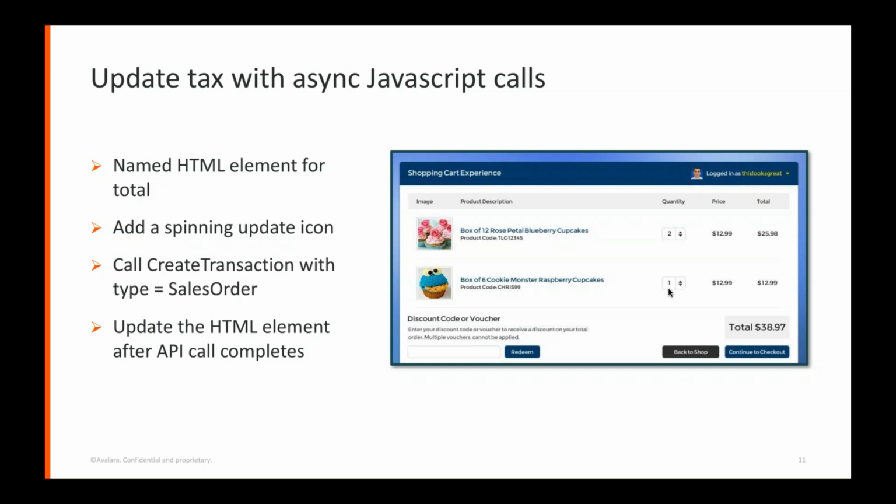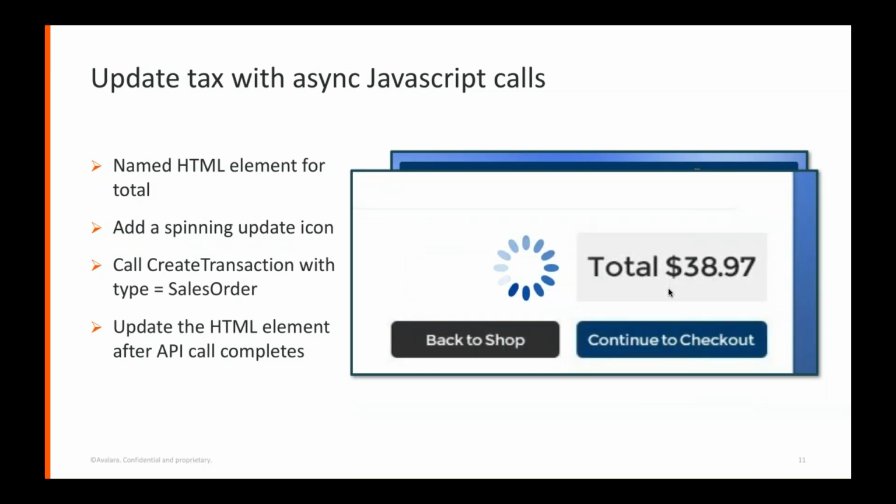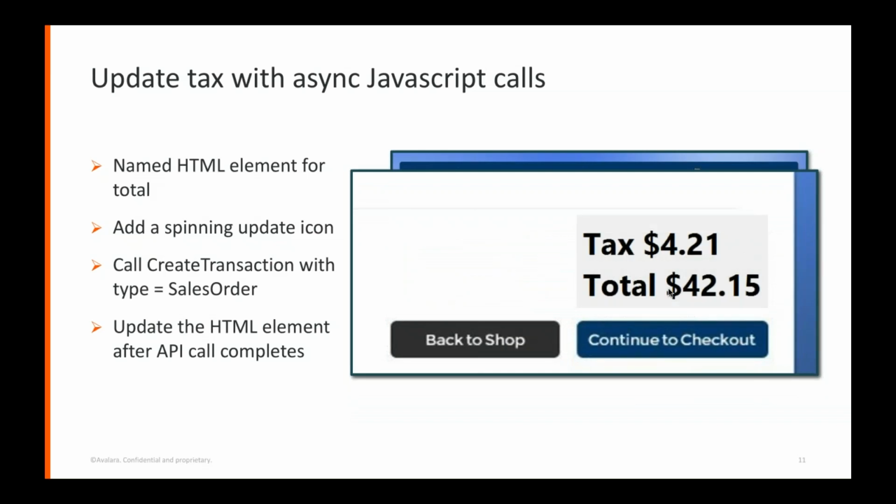So that's, from a technical perspective, a really easy thing to do to help out your user. Gotcha. So we've got a spinning progress indicator, and when the call completes, you update the element and fill out the HTML within it with the tax amount and the total amount and whatever else is happening. So really what you've got here is an asynchronous call that's always in flight.